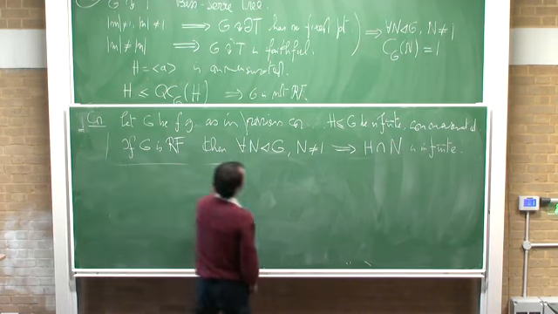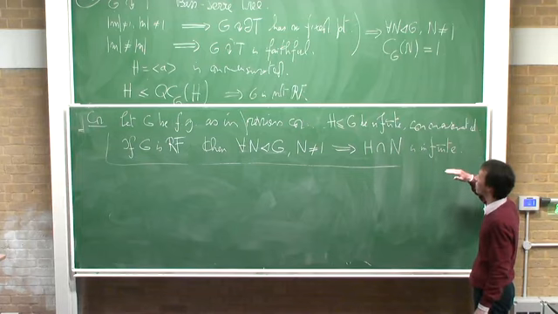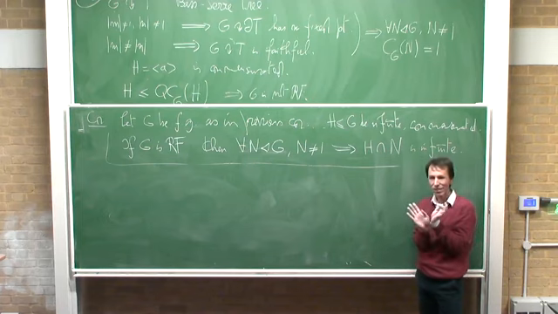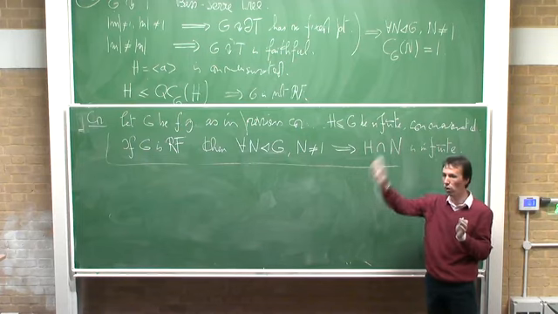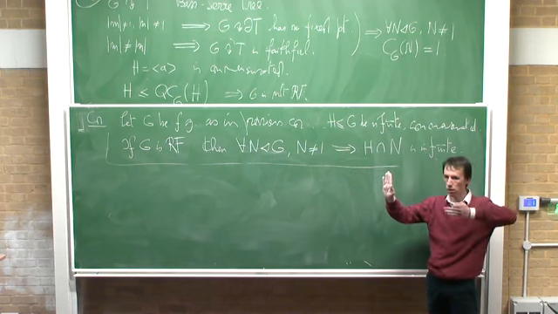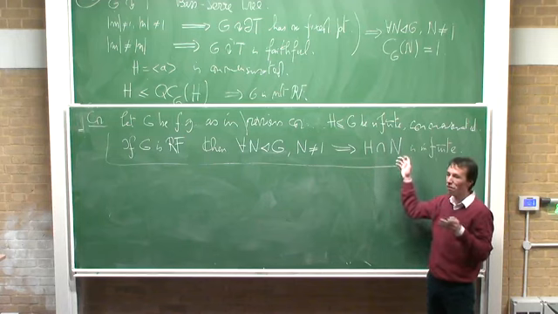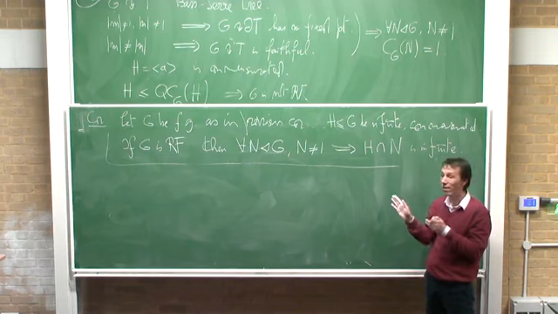Okay, so again, you know that in every group, if two normal subgroups have trivial intersection, they commute. What I'm claiming here is that if I have one normal subgroup and one commensurated subgroup, and I assume that they have finite intersection, then they quasi-commute.